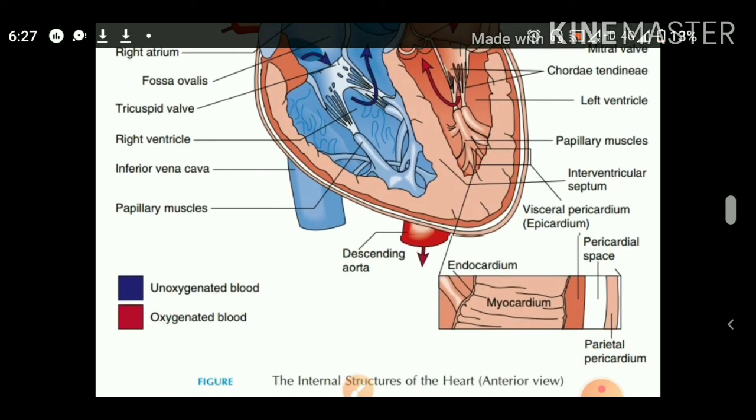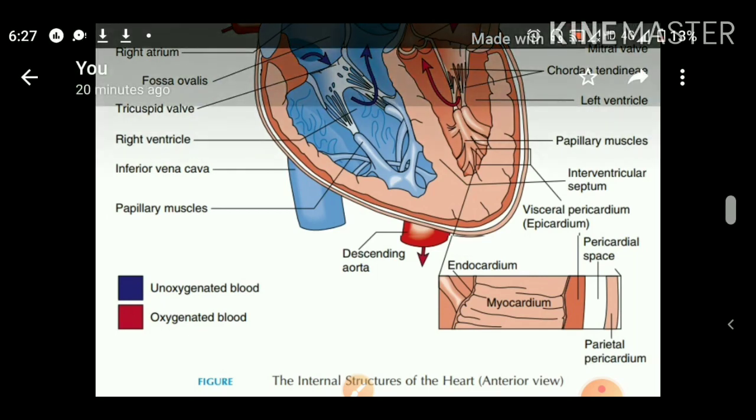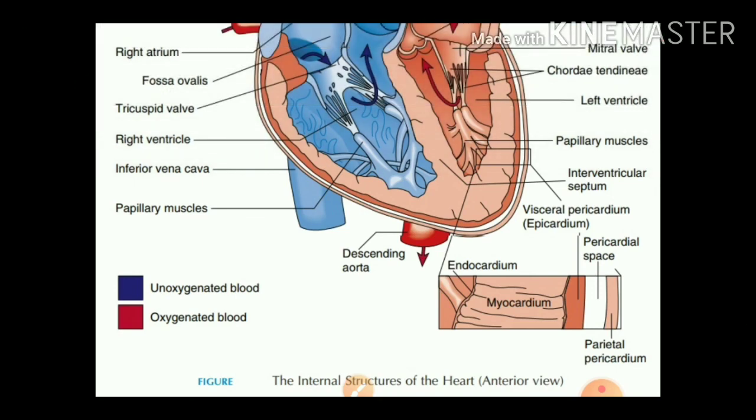Basically we have endocardium, that is the inner layer of heart, myocardium, middle layer of heart, and around that we have pericardial space where pericardial fluid is filled, and around it we have pericardium, which provides protection against mechanical jerks and injuries.